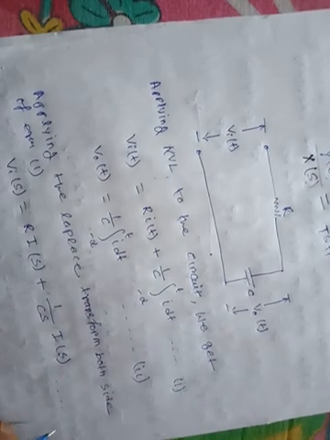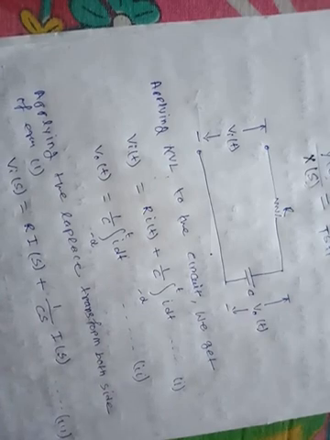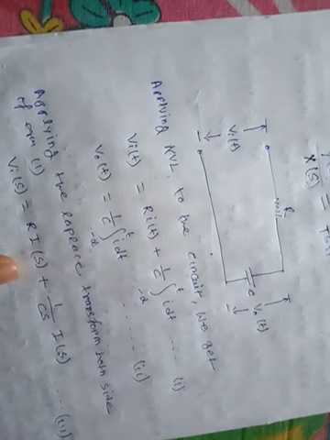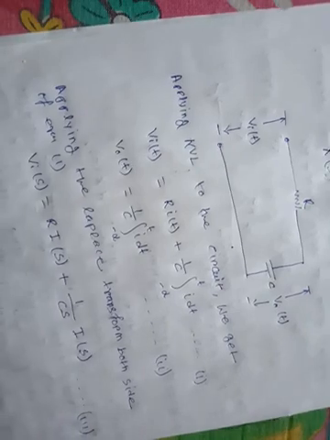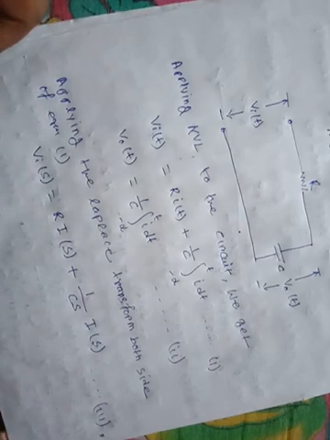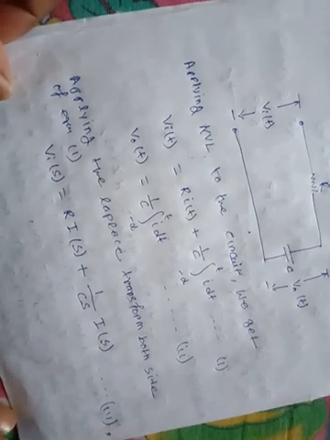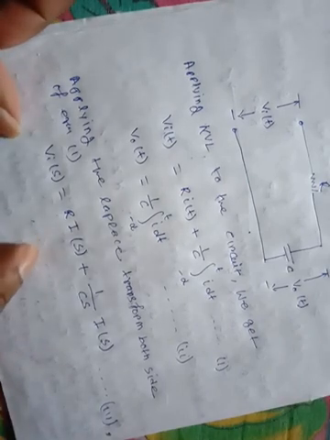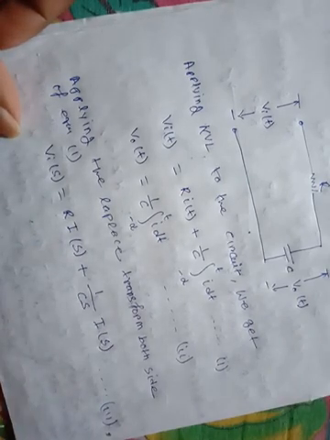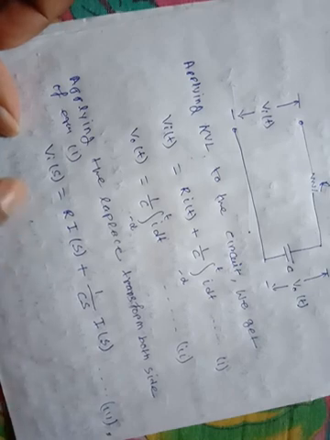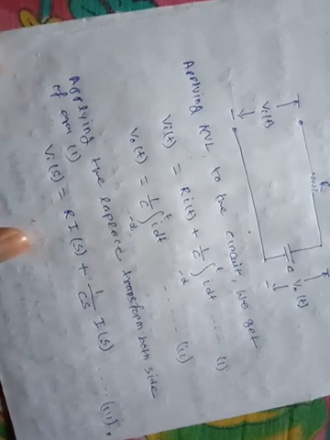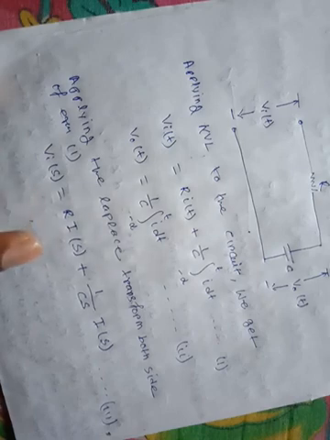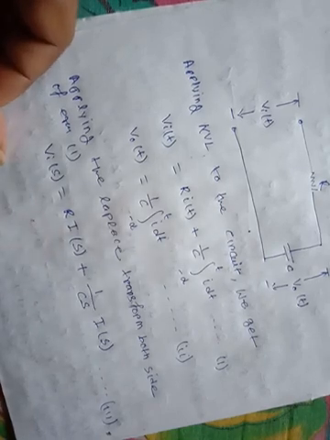This is equation number 3, the transformed form of equation 1. Now we find the current of the circuit.